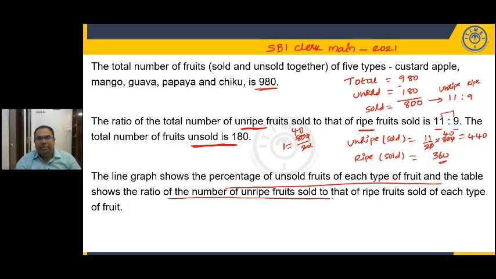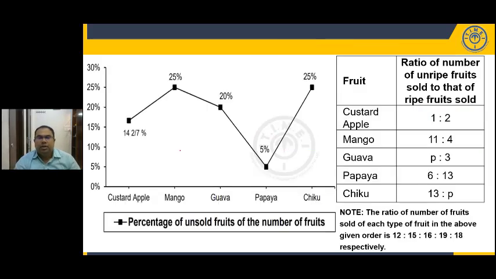The table shows the ratio of unripe to ripe fruits sold of each fruit. I'll write the data here: total 980, unsold 180, sold 800, out of this unripe sold 440, ripe sold 360.